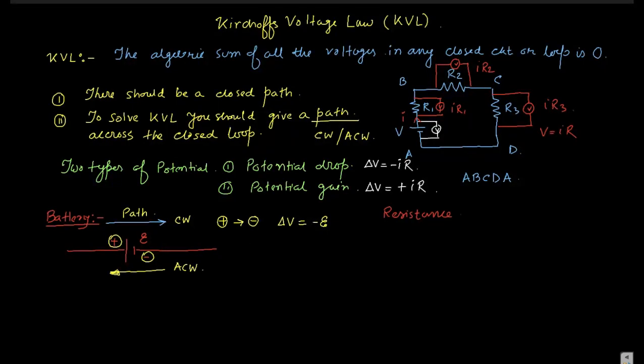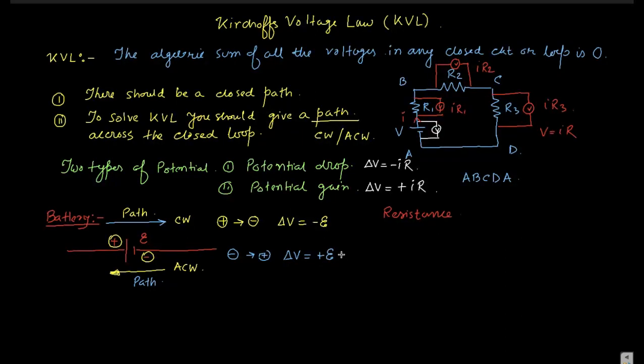Now if the path is along the yellow color, the direction of the path is from negative to positive. So del V is equal to plus E, where E is the EMF of the cell. This is very easy to consider.